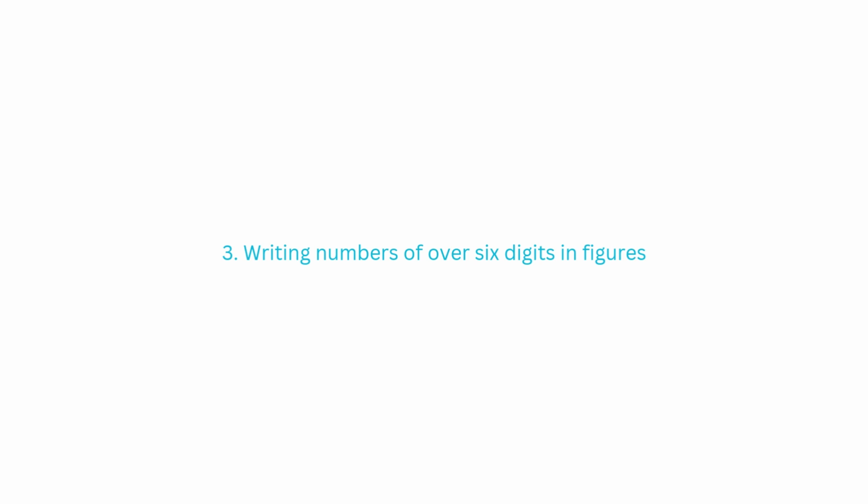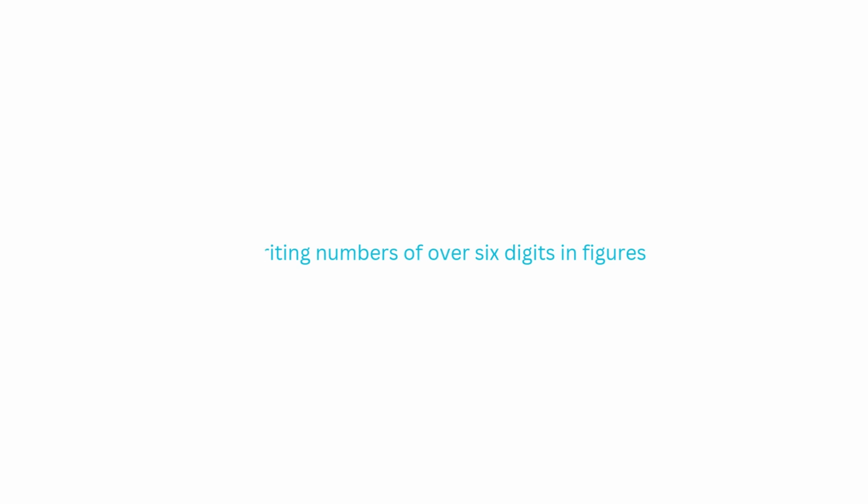The third thing you're going to see is how we write in figures a number which has more than 6 digits. Let us remind ourselves. We have this number 520032, and we are going to put it in a table of place values.